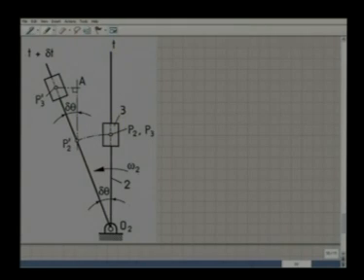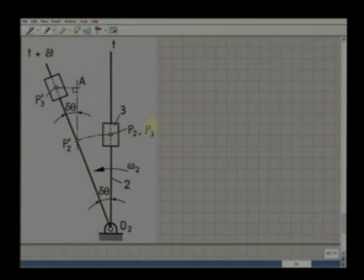So, for the path of P3, we can consider two instantaneously coincident points here, which we call P2 and P3. P2 is a point on this rod and P3 is a point on this block 3. P2 and P3 are coincident at this instant.